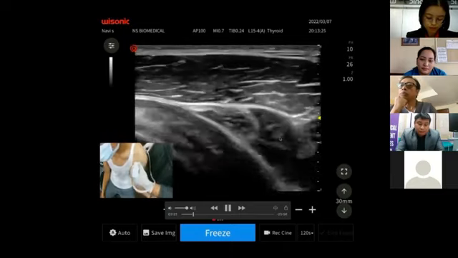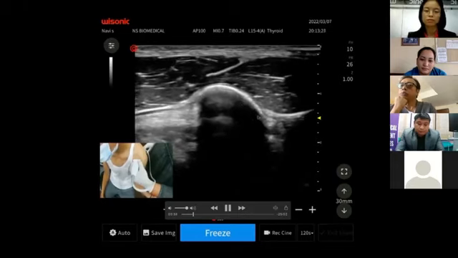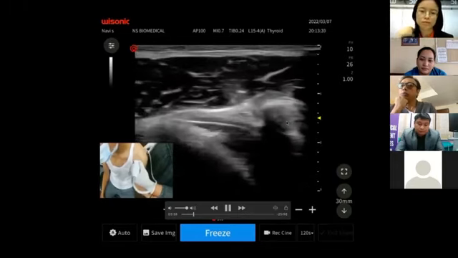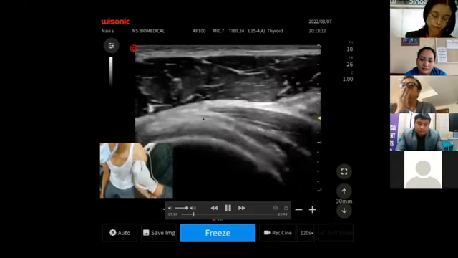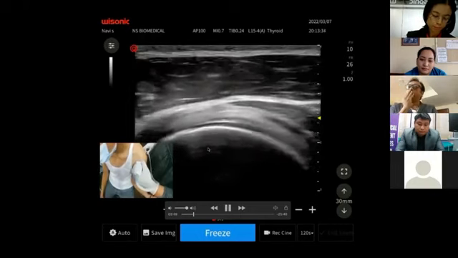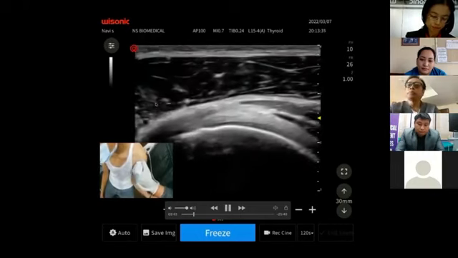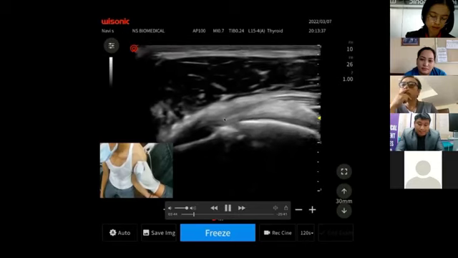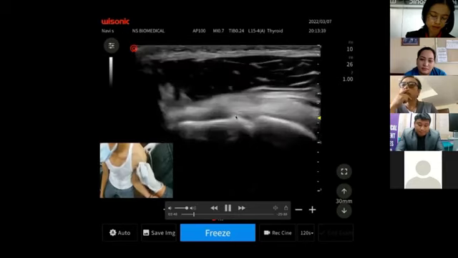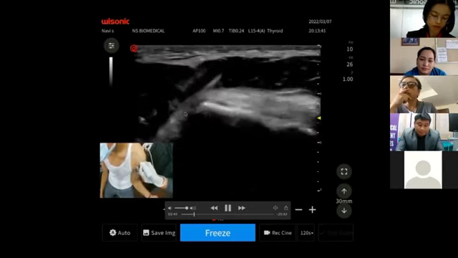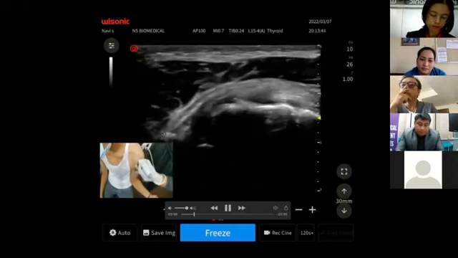So medially when I scan, I have to look for my bony landmark. So this is the coracoid process. And I scan laterally and I see the whole of the subscapularis muscle, which is changing. This is the myotendinous junction, and then it goes over and gets inserted to the lesser tuberosity.